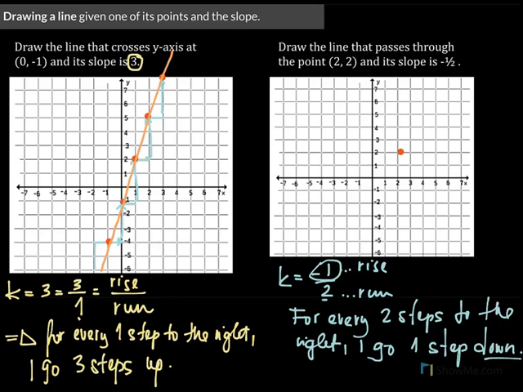And what it looks like on the diagram, so for every 2 steps to the right, I go 1 down, 2 to the right, 1 down. And in the same pattern on the other side, I had to go 1 down, 2 to the right.